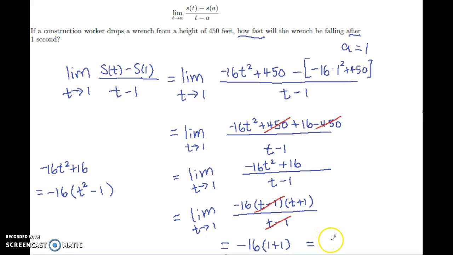So it's 2 times negative 16, negative 32, and the unit is feet per second. Why? Well, the unit for the distance is feet, and the unit for the time is seconds, feet over time, right? So feet per second. That's our answer for the velocity.